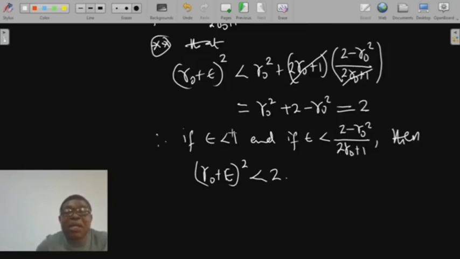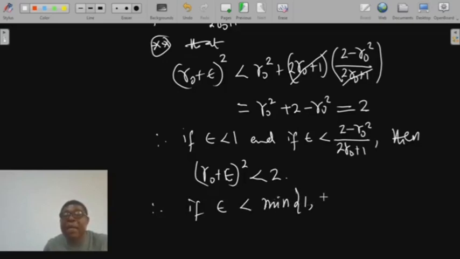If epsilon is less than 1 and if epsilon is less than this, putting them together gives me that if epsilon greater than 0 is less than the minimum of 1 and (2 minus gamma naught squared) over (2 gamma naught plus 1), now watch here.